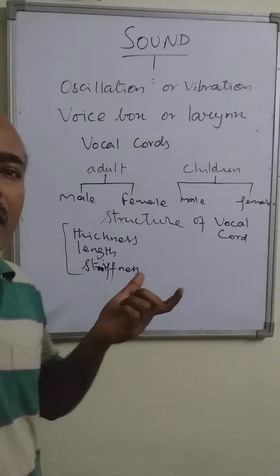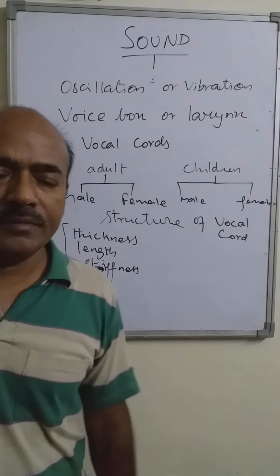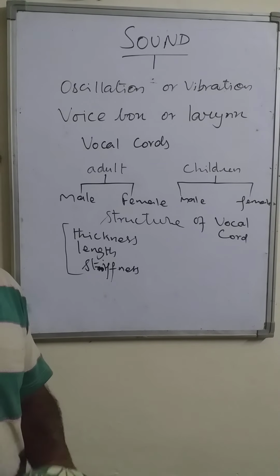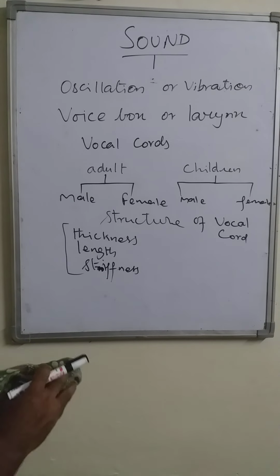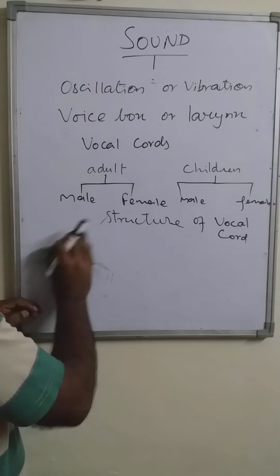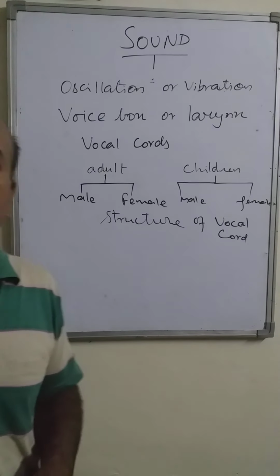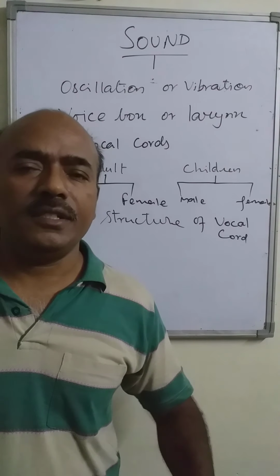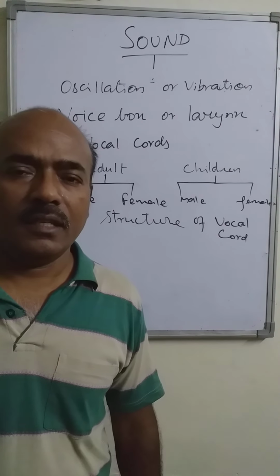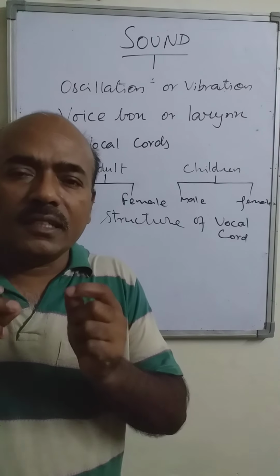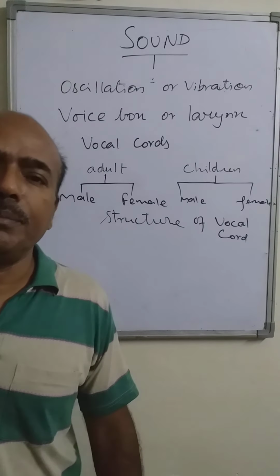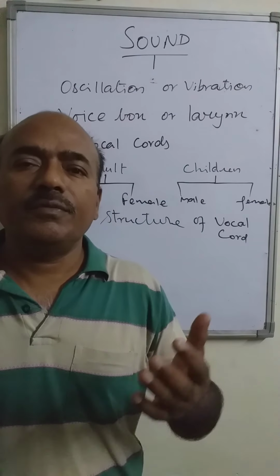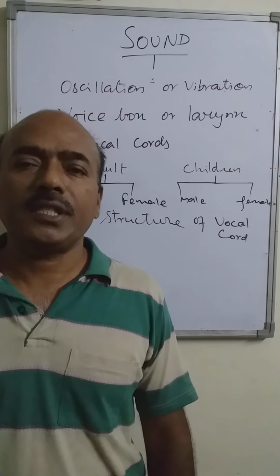And these 3 things are different in different persons. In every individual, the thickness of vocal cord is different, length of vocal cord is different, and the stiffness. Stiffness means how much they are stretched. Even the stretching level also affects how the sound is produced, how much sound is produced.